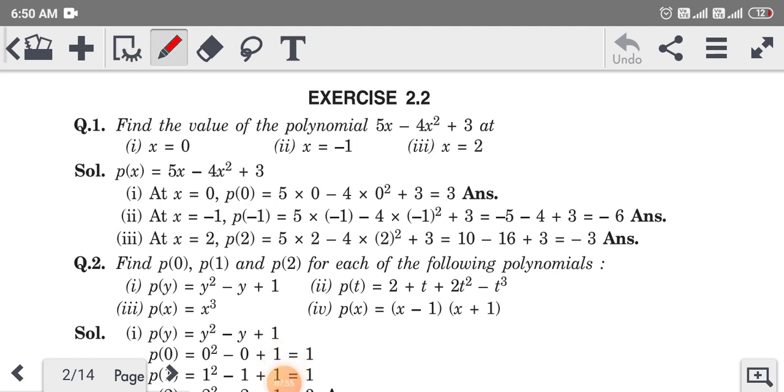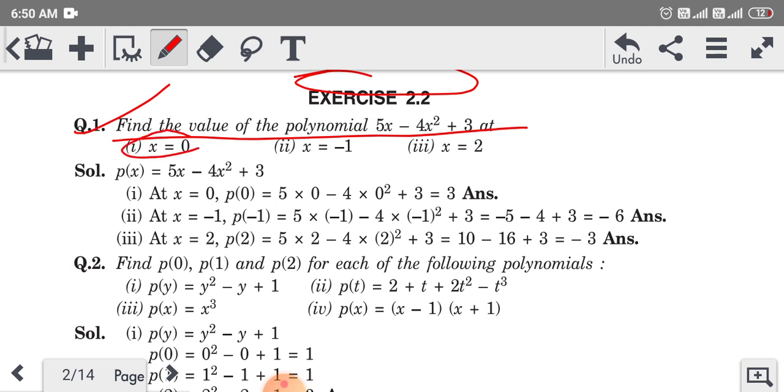Exercise 2.2, first: find the value of the polynomial 5x minus 4x square plus 3 at x equal to 0. So p(x) equal to this, at x equal to 0, p(0) equal to 5 into 0 minus 4 into 0 square plus 3, that is equal to 3. Answer.